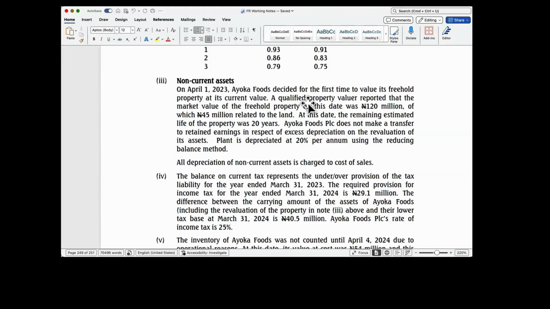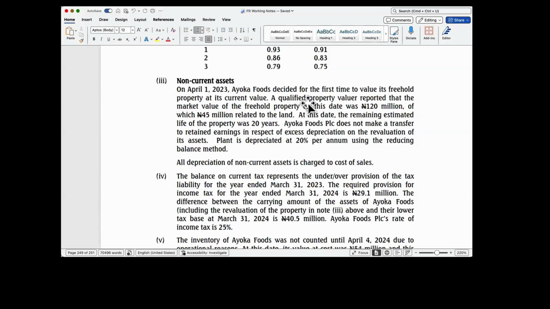No issue. It therefore means that you will need to do a transfer from revaluation surplus to retained earnings. And I taught you how to calculate the transfer. It's just to get your revaluation surplus divided by 20, the remaining useful life.